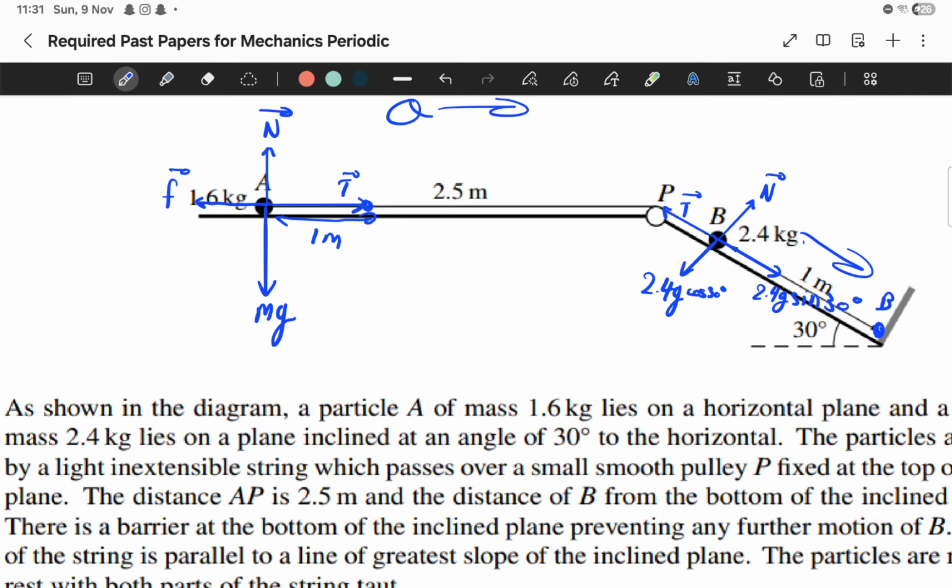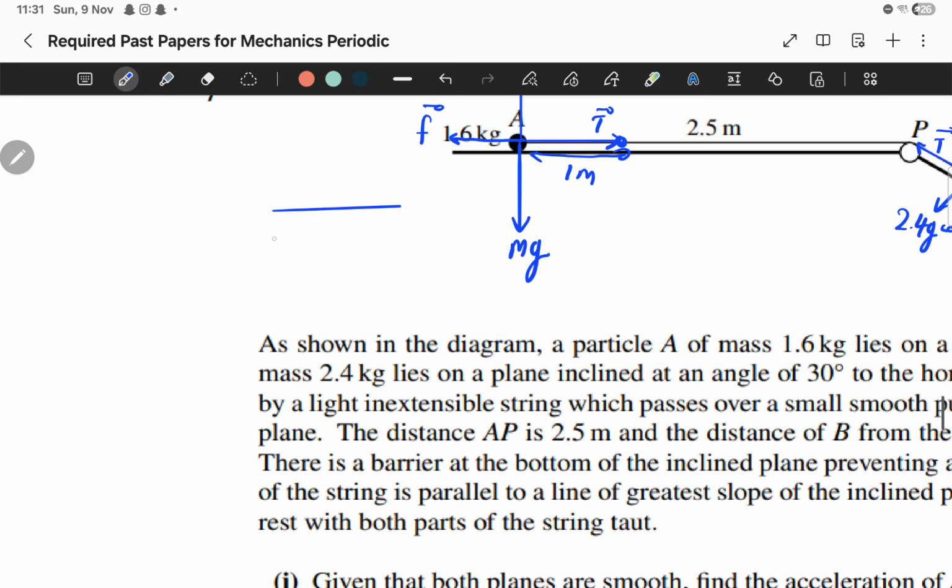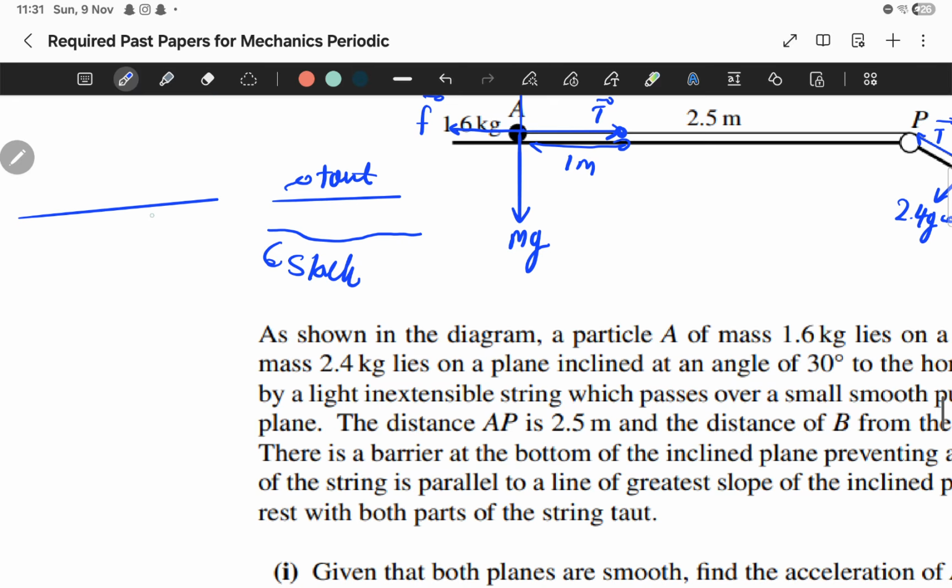Taut means like this, a straight line, stretched out. But when you have a string that's loose, this is called slack, and this is taut. Taut means it's basically pulled to its maximum, very strongly pulled. But slack means it's not pulled, it's free to move, it's loose.